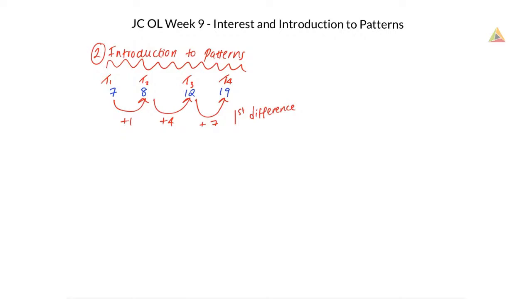If it was linear, all of these would be the same number. So now we're going to get the second difference, which means we're going to get the difference between these numbers. So to get from 1 to 4, we added 3. To get from 4 to 7, we added 3. So you'll start to notice now that the second difference is the same. So I'm going to label that the second difference. When the second difference is the same, it's known as a quadratic.